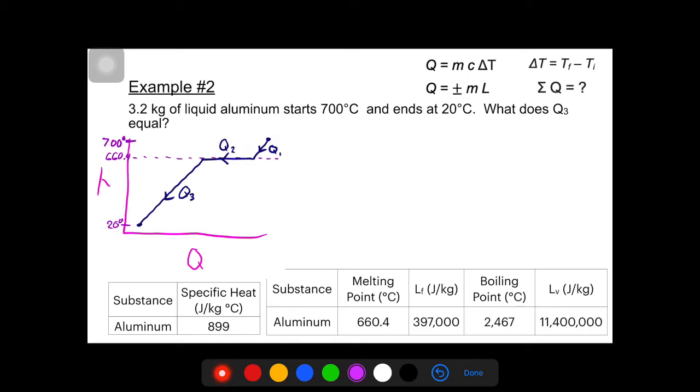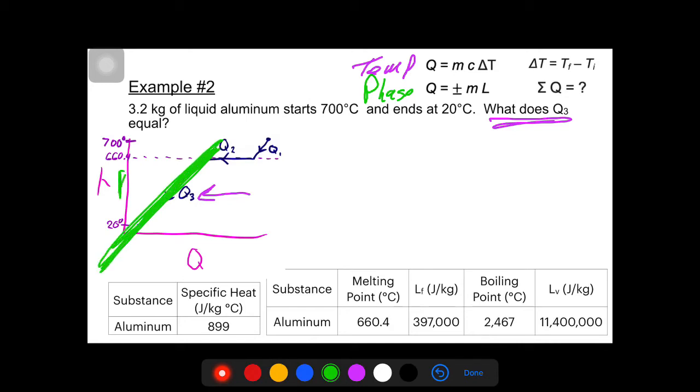In this particular problem, I'm just asking, what is Q3 equal to? So we have to say, well, is it a temp change at Q3, or is it a phase change? And I hope you realize that because the line is changing, that's a pretty good indicator that it's going to be the temp change.